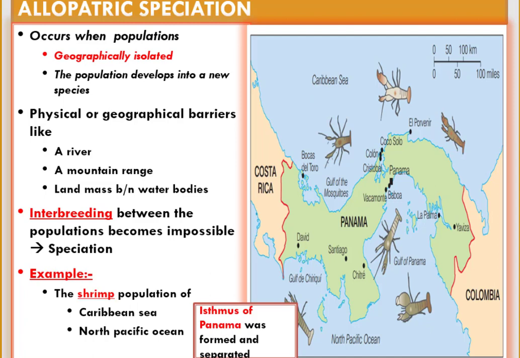For example, the shrimp populations of the Caribbean Sea and the Northern Pacific Ocean, which were once joined. About 3 million years ago, the Isthmus of Panama was formed and separated the Caribbean Sea from the North Pacific Ocean. So the Isthmus of Panama created two populations of shrimps, one in the Caribbean Sea and the other in the Northern Pacific Ocean.